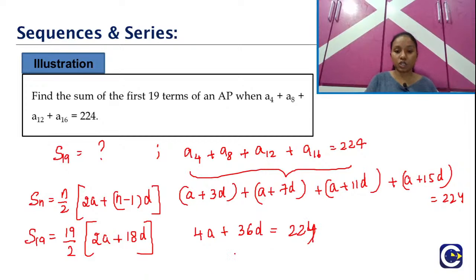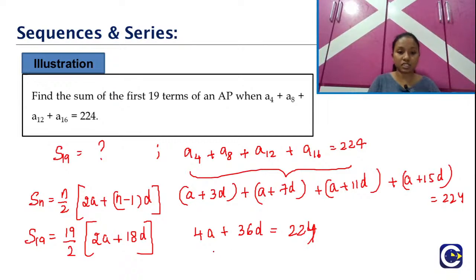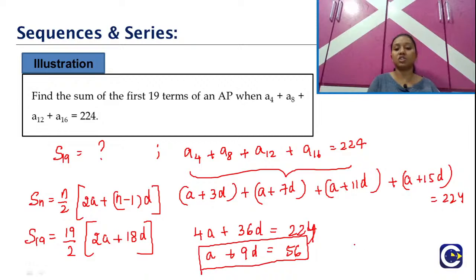So here you can see this can be divided by 4. So a plus 9d will be equal to 56. So now we have a relation from the given condition, that is a plus 9d is equal to 56.